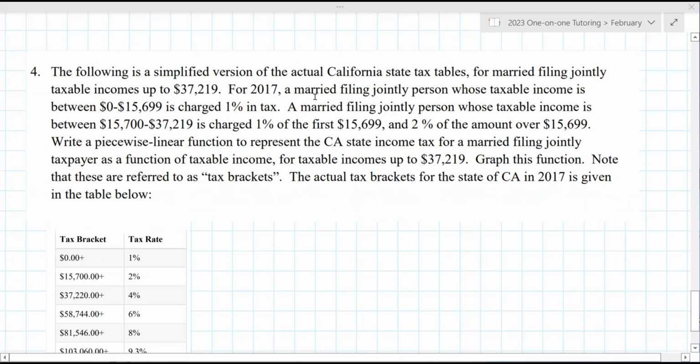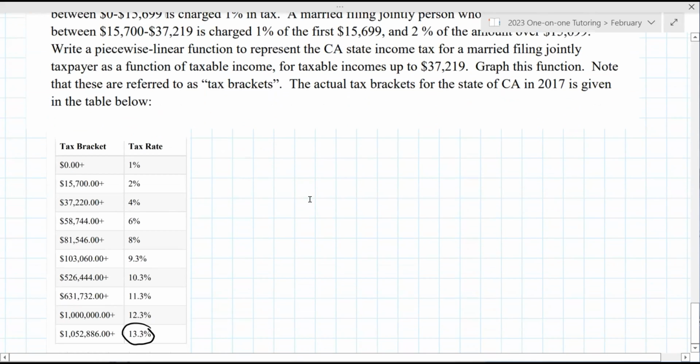What they're wanting you to do, though, is create a piecewise function so that your input is the amount of income you made. We're going to stop at this number right here, and we'll go through this together.